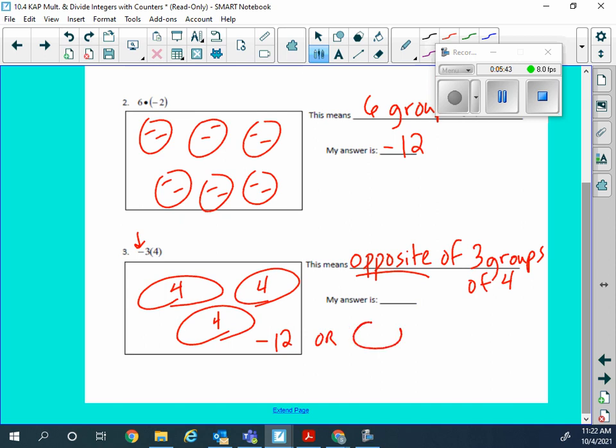Or I could do 3 groups of what? Negative 4. That's right. The first way I did a positive 4, but then I took the opposite at the end. Here, I did the opposite in the beginning. It doesn't really matter, but if you say opposite, you have got to change one, okay? Is everybody with me there?